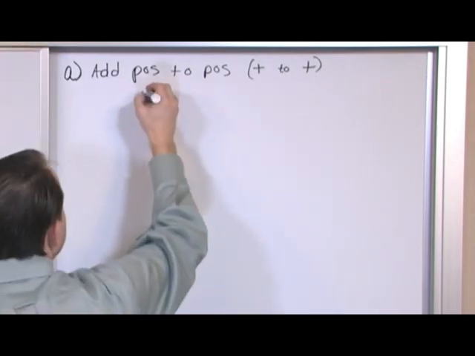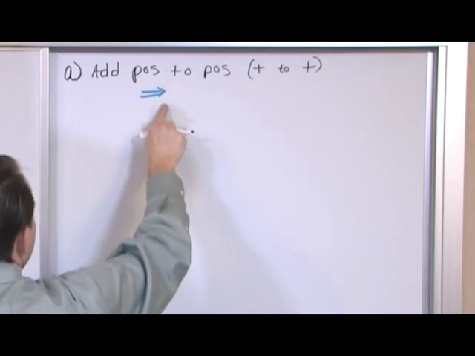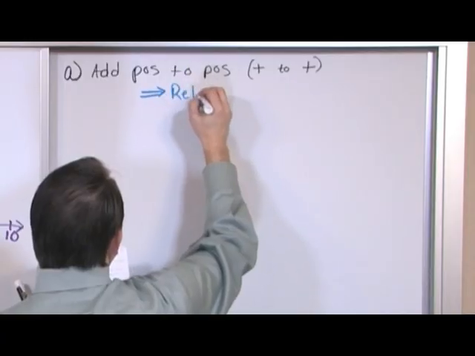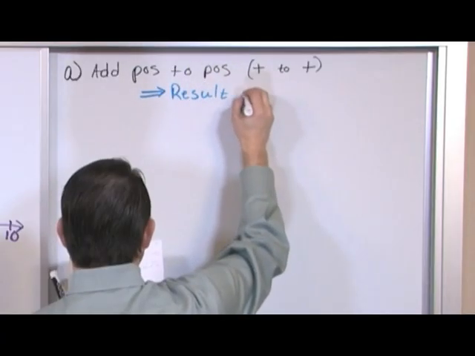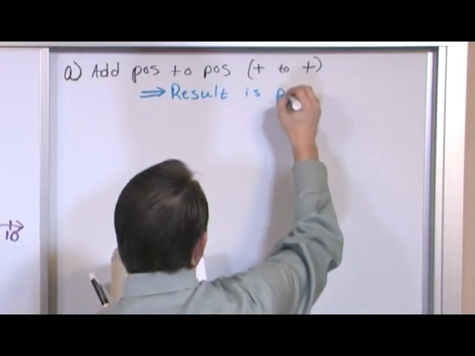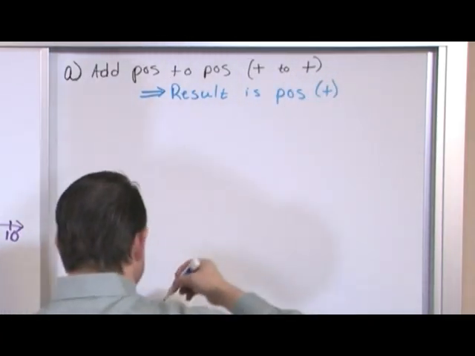The result, these little arrows tell you, this is the result. So the result of this addition is positive.